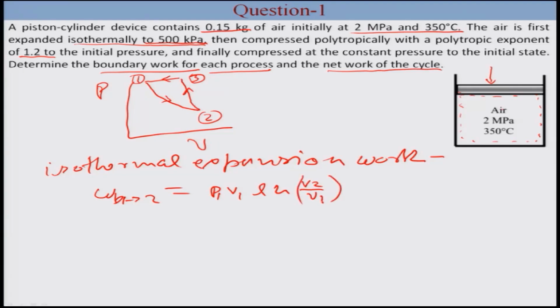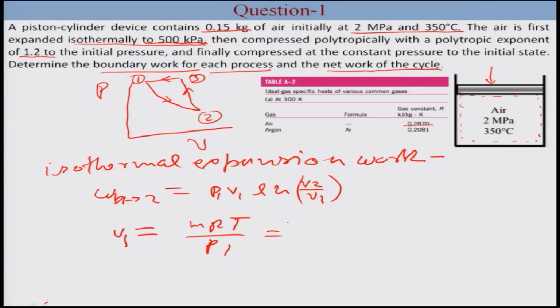Since here we don't know V2 and V1, we need to find this initial and final volume of air. So from the ideal gas assumption, we calculate initial volume like m R T upon P1.